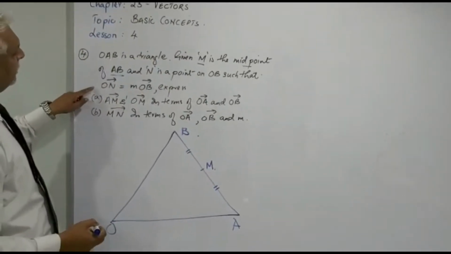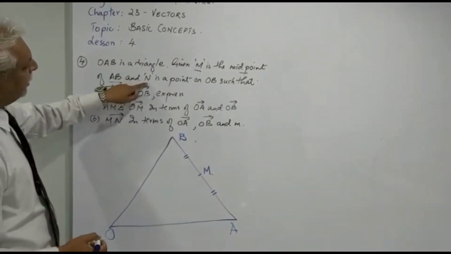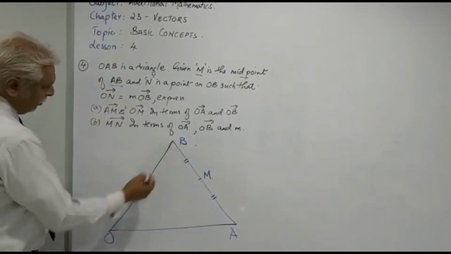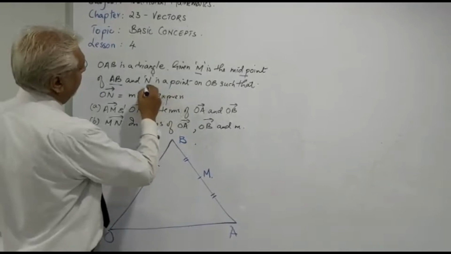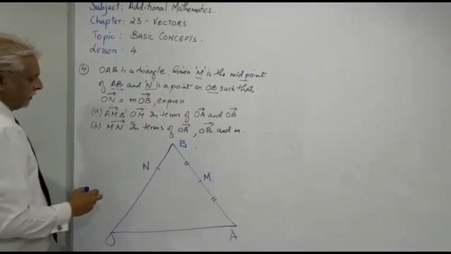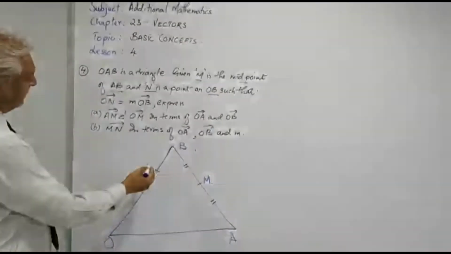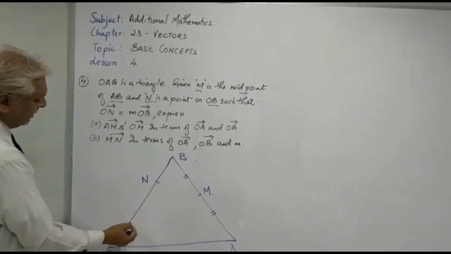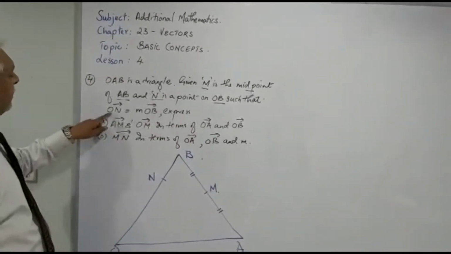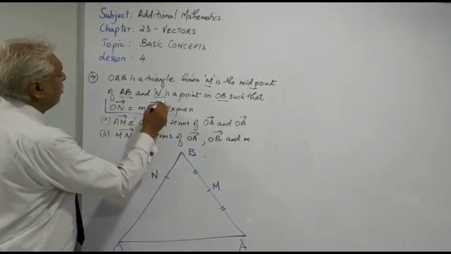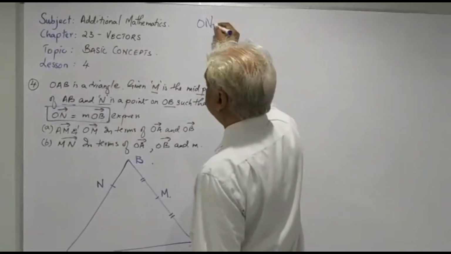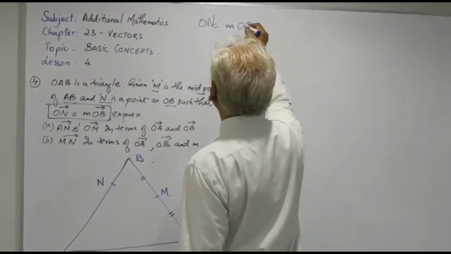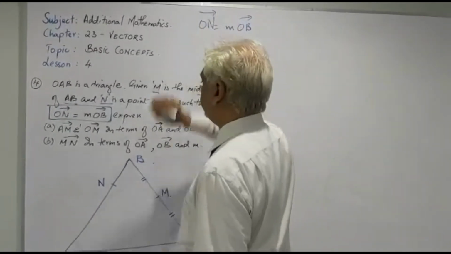And we are also given that N is a point on OB. On OB we have a point, let's say here, N. It does not say that it's a midpoint, it just says it's a point. It could be anywhere. But we are given a condition that ON is equal to a vector OB, in the direction.